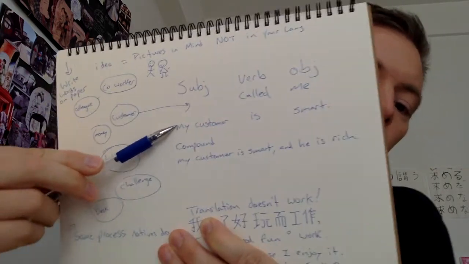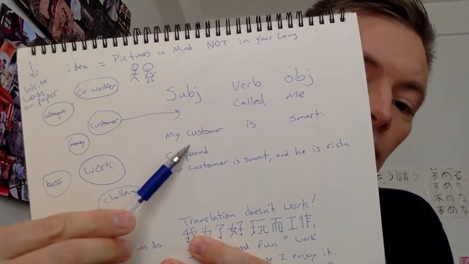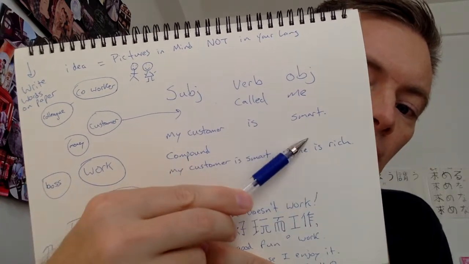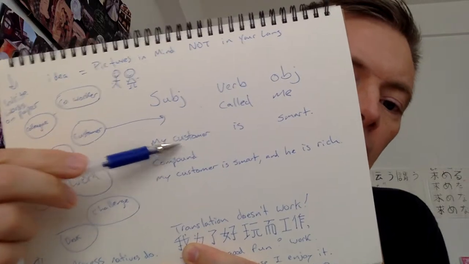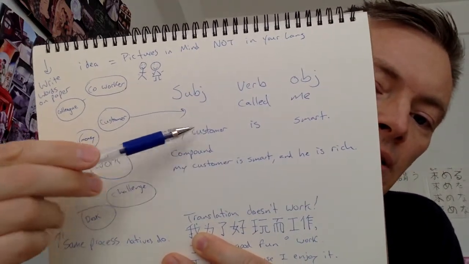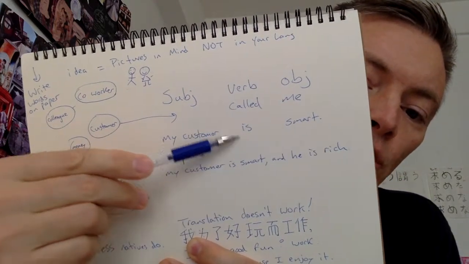Before you write down on your exam, before you write down my customer, you do in your head: okay, my customer, what's the verb, what's the object? Now, the basic simple thing in English is the subject is something or the subject is doing something.